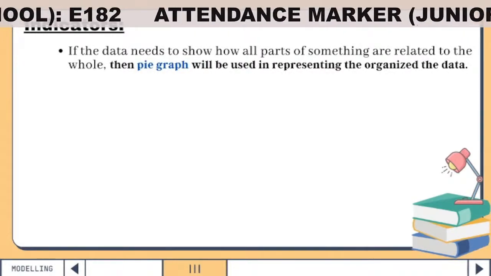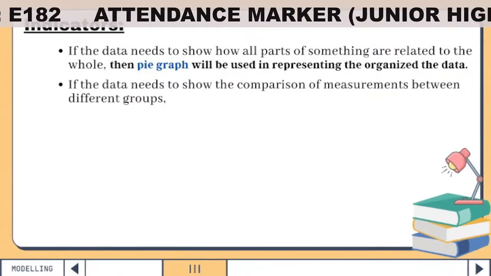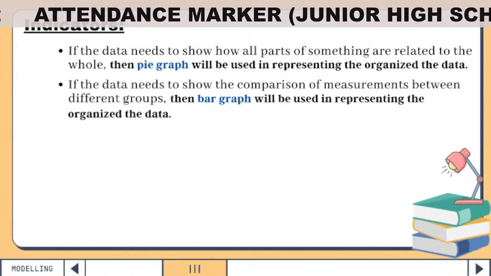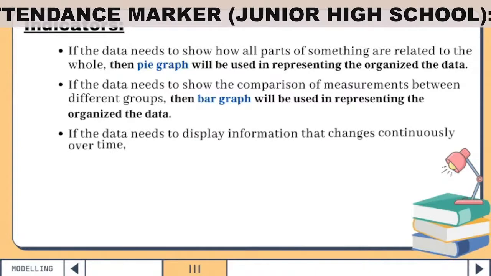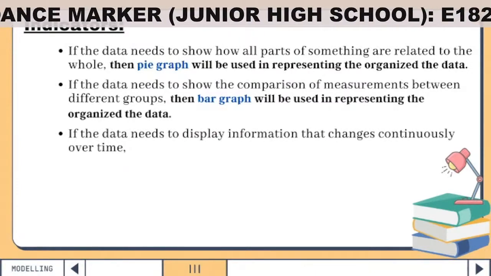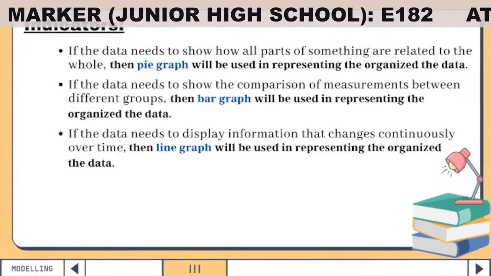If the data needs to show the comparison of measurements between different groups, then a bar graph will be used. If the data needs to display information that changes continuously over time, then a line graph will be used.